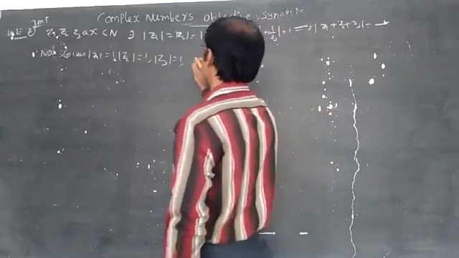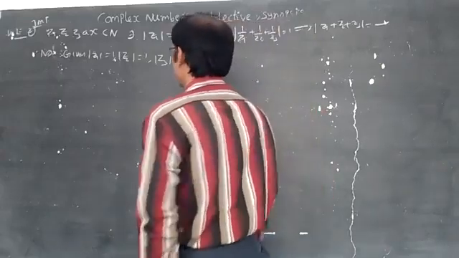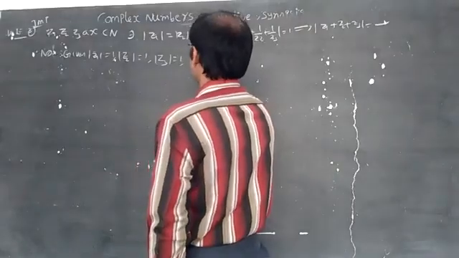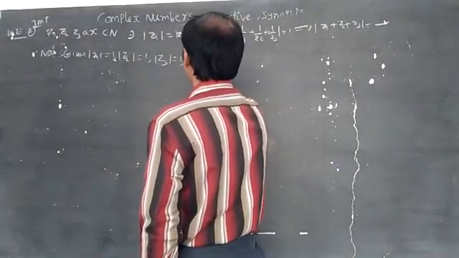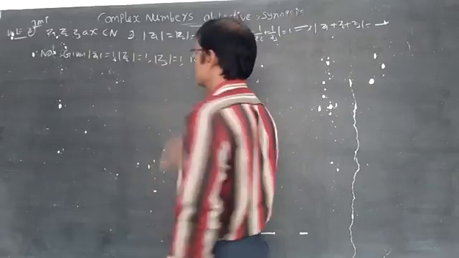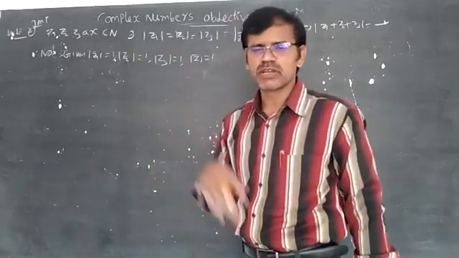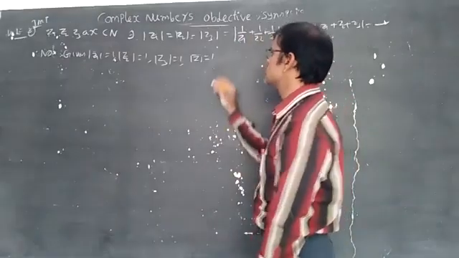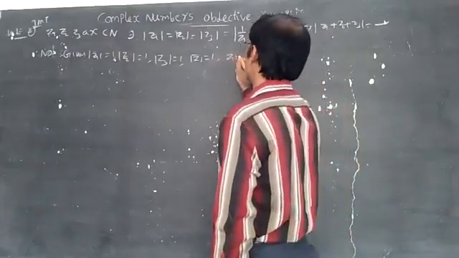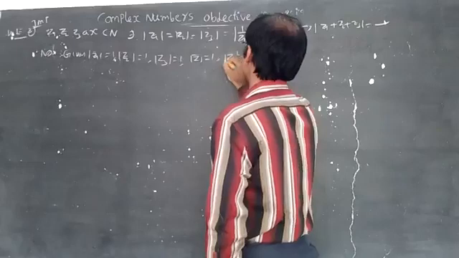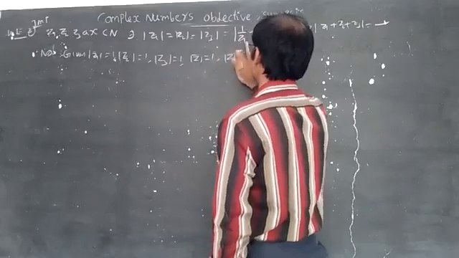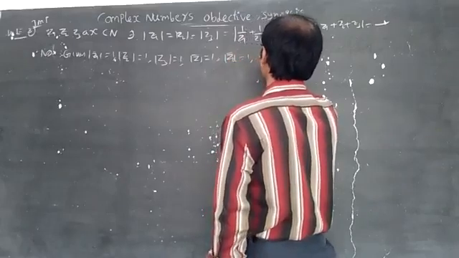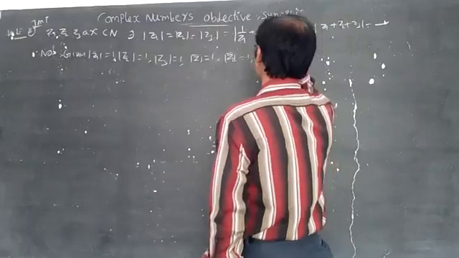In these unimodular complex numbers, you can think the modulus of z1 bar is also 1. For example, 1 plus 0 into i, 1 minus 0 into i, only 0 plus i, only 0 minus i, like that. So everything is unimodular. So modulus of z1 bar is equal to 1. In the similar way, modulus of z2 bar equal to 1 and modulus of z3 bar equal to 1.